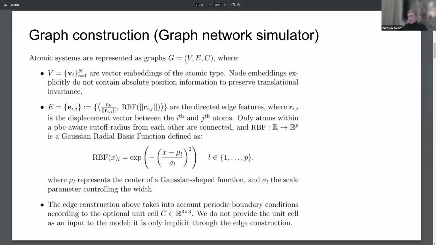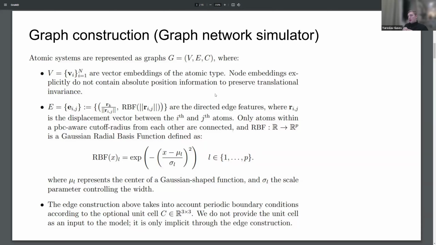So you start with your particles, and they are represented as nodes in the graph, so you can define the vertices. Each vertex corresponds to an atom, and initially they are just vector embeddings that are specific to the particular atomic type.